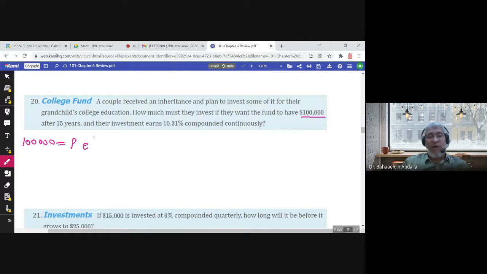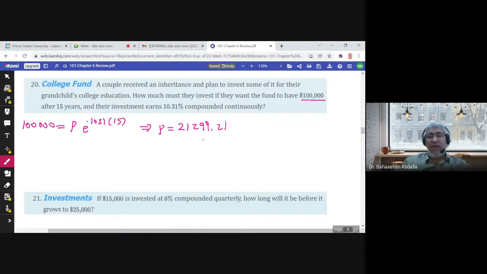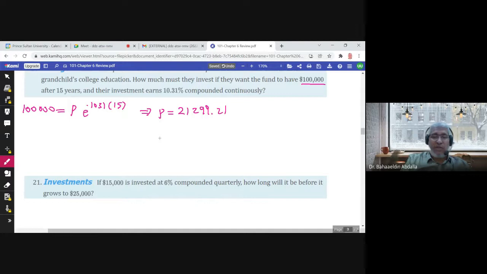It is e to the power rt, and then P would be equal to 100,000 over e to this power. And if you put it in the calculator, you will find that the answer is $21,299.21.